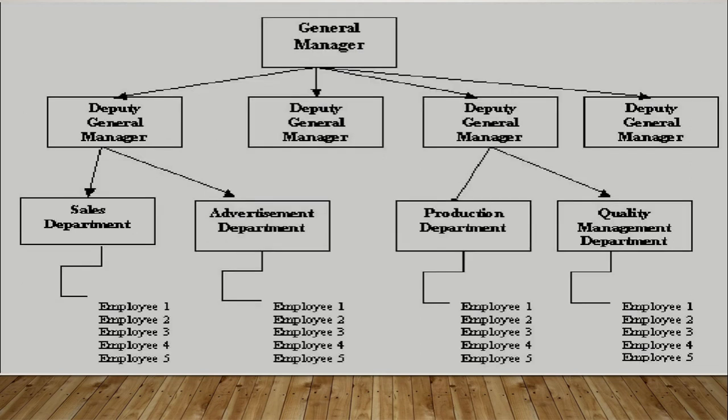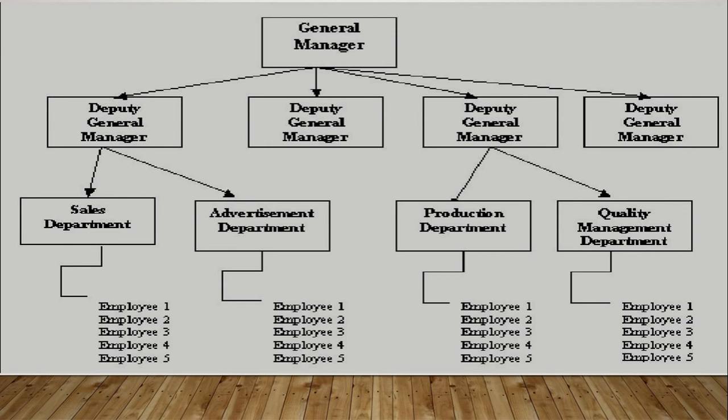This is an example of the hierarchical model in which we can see a tree structure in which the general manager acts as the root of the tree, or we can say a node of the tree, right? There are four entities of deputy general manager, as we can see in this diagram. These are the children of the parent general manager, right?